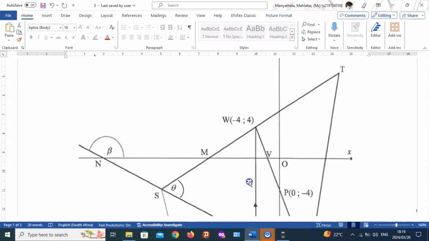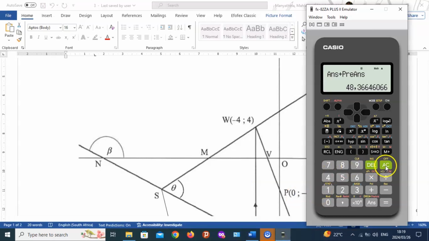We have -4 minus -20 all squared plus 4 minus -4 all squared, which equals 8√5.